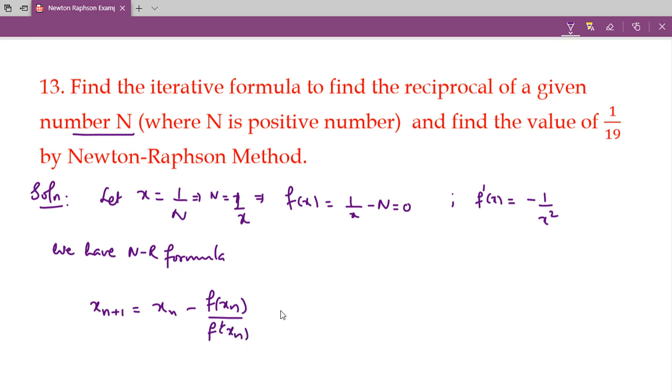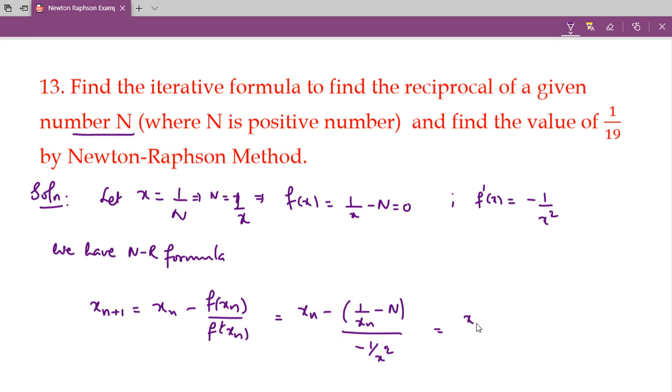So when you take n is equal to 0, we get x1, and we have f of xn and f dash of xn. Put the value of f of xn, that is 1 by xn minus n divided by minus 1 by xn square. Minus into minus becomes plus.